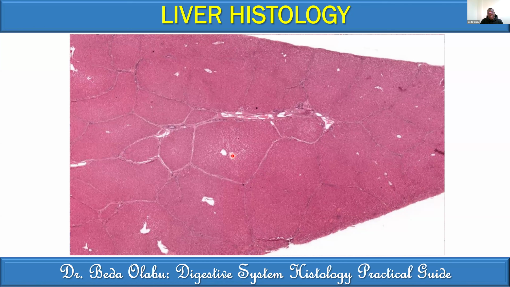So that's a central vein, that's a central vein, because this is a lobule. But this is not a central vein because we can see it is within the connective tissue system. These are not central veins.